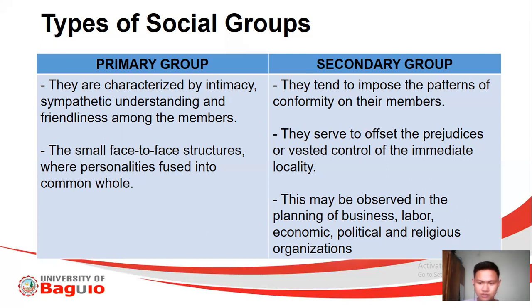But as part of your duties and responsibilities in that office, kailangan mong mag-report. Kailangan mong makisama sa mga kasama mo kasi that's part of the rules and regulations of the office. Pero it does not mean that there is an automatic intimacy between the members of the secondary group. Nandun lang kayo dahil kailangan na nandun kayo.